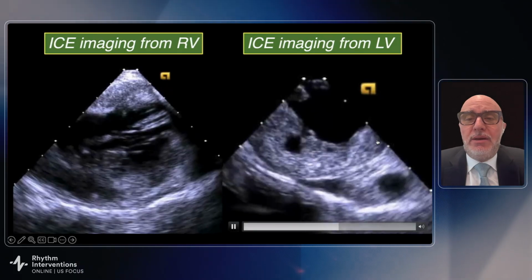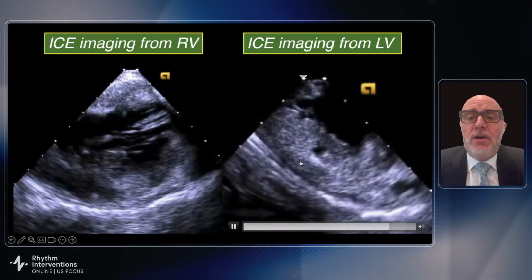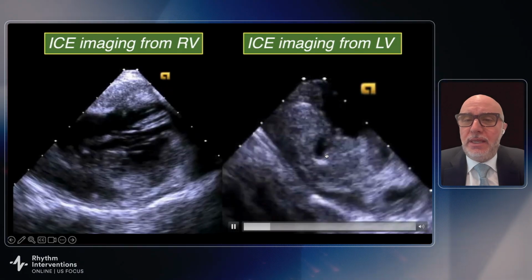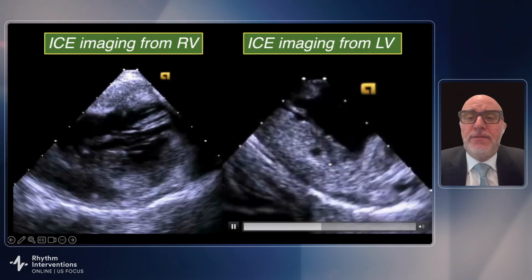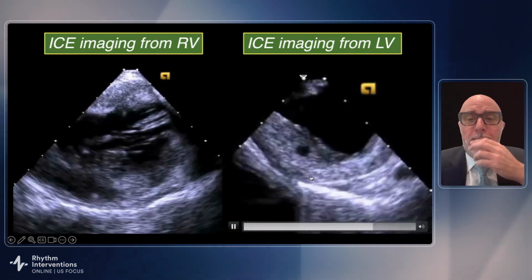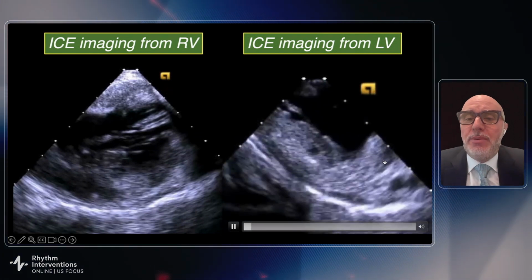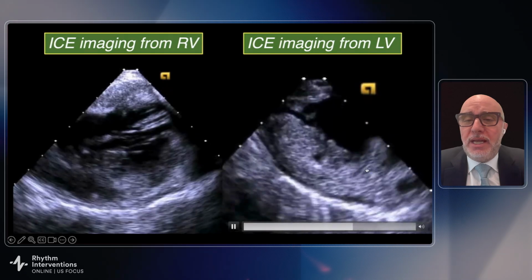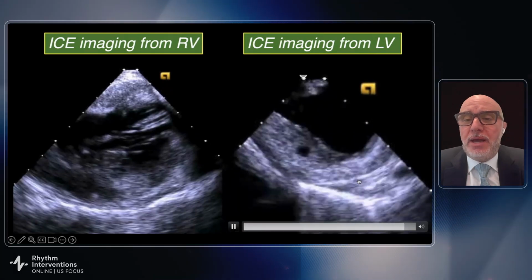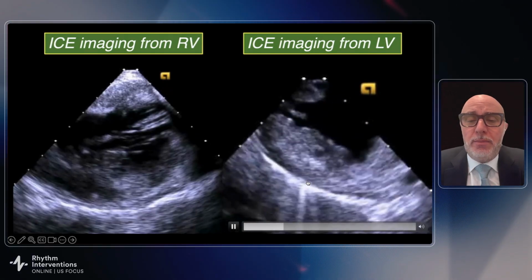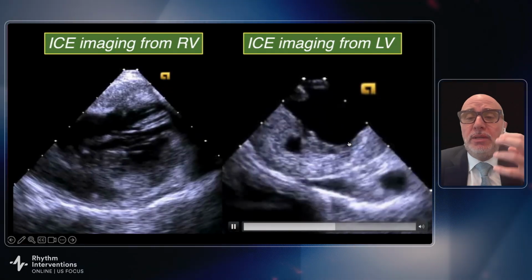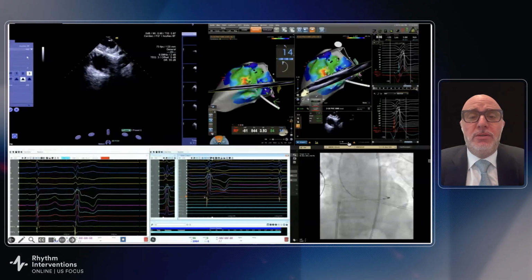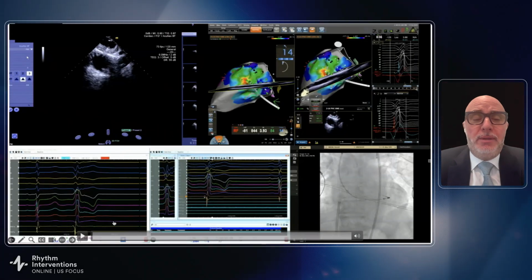You can see an area of myocardium next to the mitral valve that doesn't thicken as well as the rest of the heart. In fact, it's thinner than the rest of the heart, and you can see hyperechoic areas. In the more epicardial aspect, perhaps also some linear hyperechoic area. So this seems to me the perfect place to start mapping.